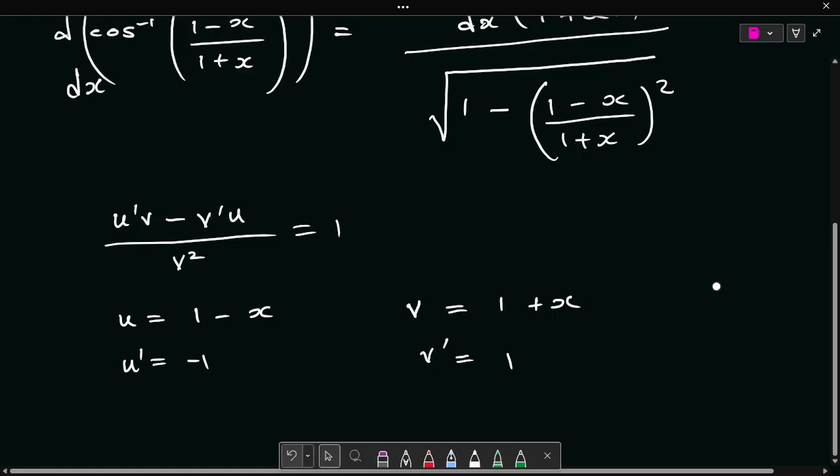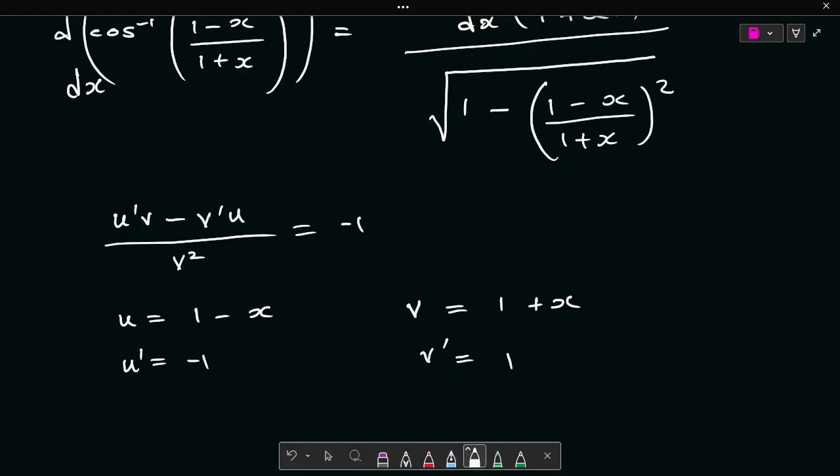We're getting negative 1 multiplied with v, which is 1 plus x, minus 1 multiplied with u, which is 1 minus x, and we're dividing this by v, which is 1 plus x, squared.